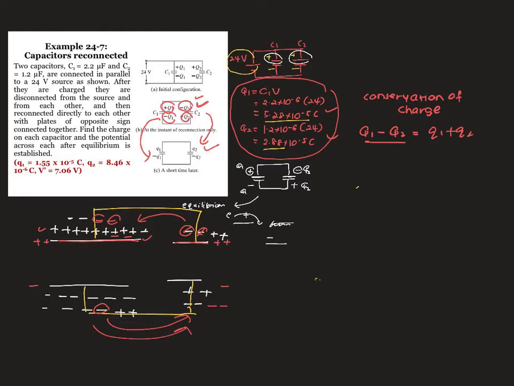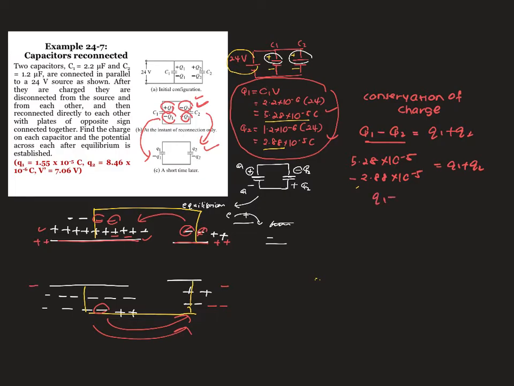We find the net charge first, which is 5.28 × 10^-5 minus 2.88 × 10^-5. It's going to be q1 plus q2 because we don't know the charge at q1 and q2 yet.